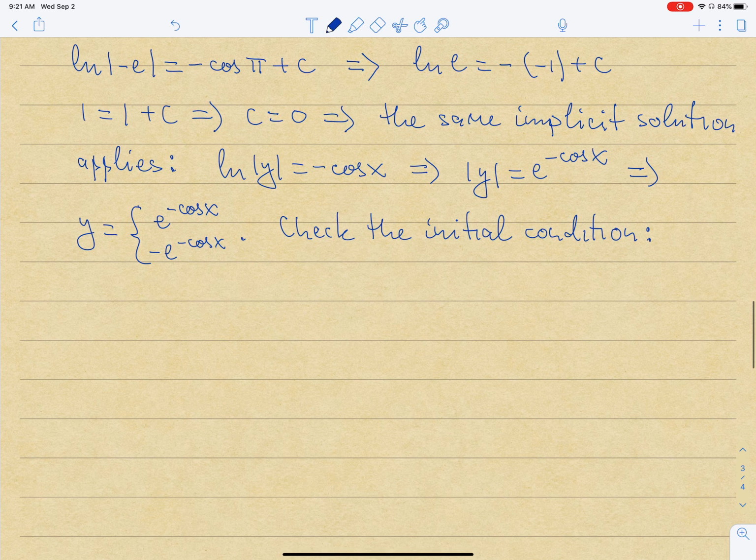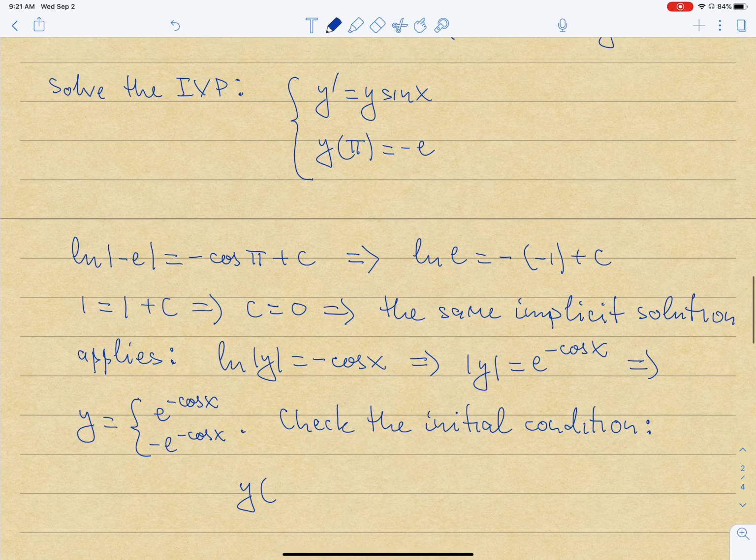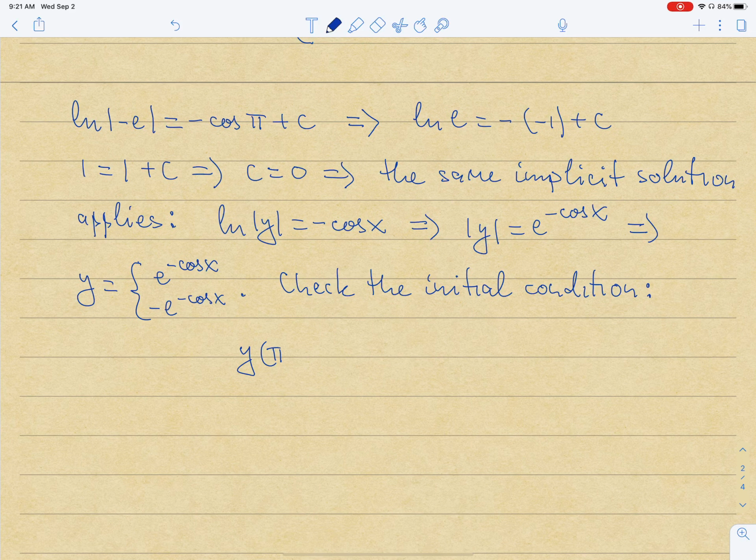And what will I see? I will see that y of what we're using, pi. y of pi, what is that? That's e to the power minus cosine of pi, or minus e to the minus cosine of pi.